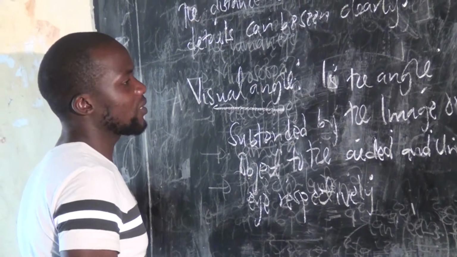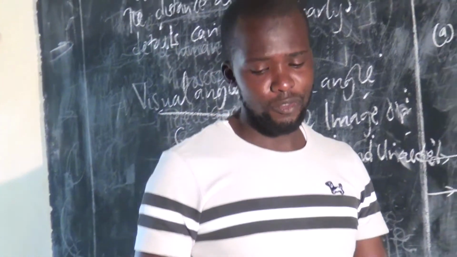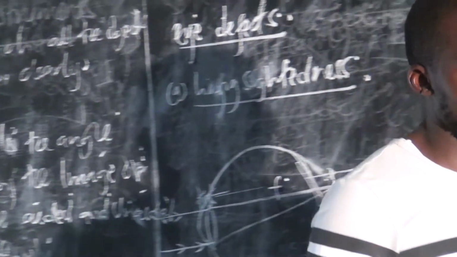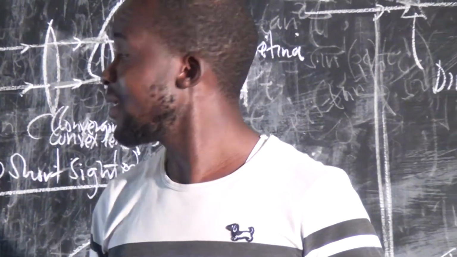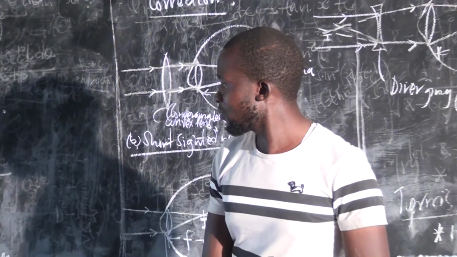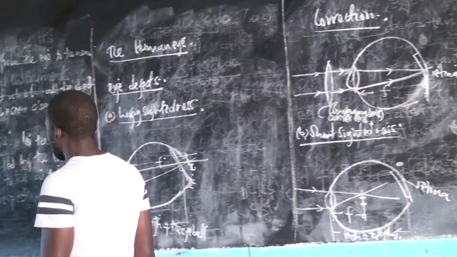Or you can simply say angle subtended by the object to the human eye, and that would be all. That one is okay. Like that.